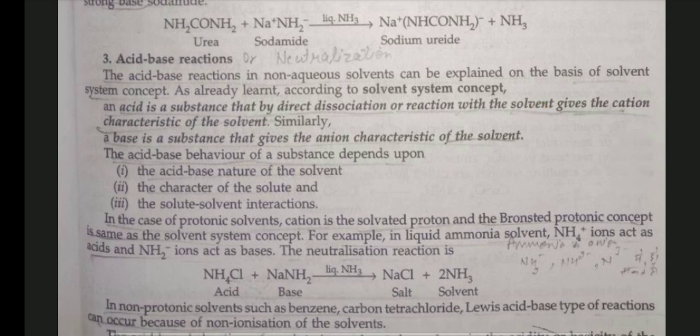Third is acid base reactions. The acid base reactions in non-aqueous solvents can be explained on the basis of the solvent system concept. As already learned, according to the solvent system concept, an acid is a substance that by direct dissociation or reaction with the solvent gives the cation characteristic of the solvent. Similarly, a base is a substance that gives the anion characteristic of the solvent.